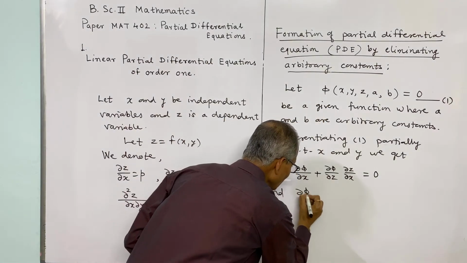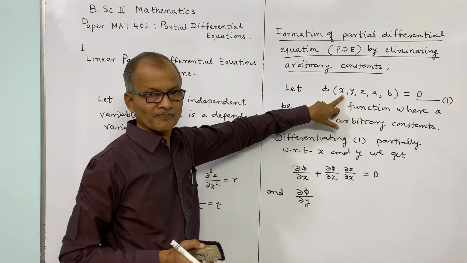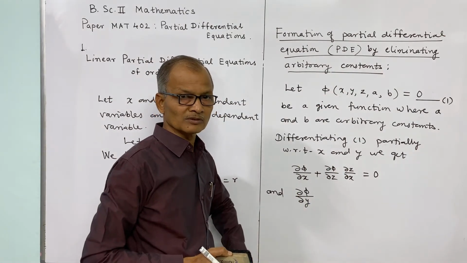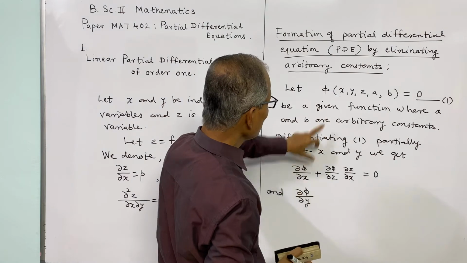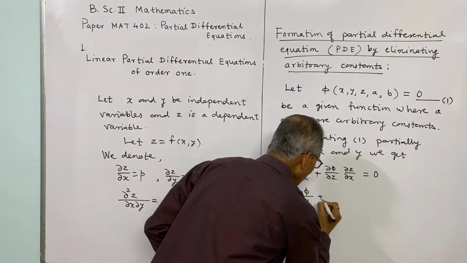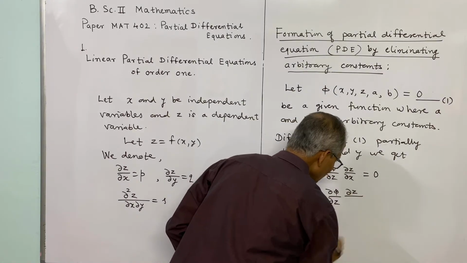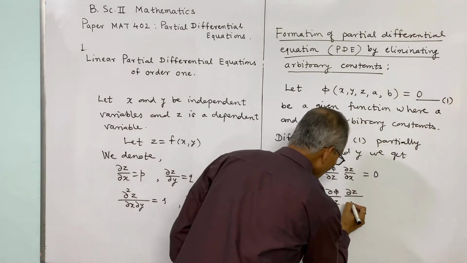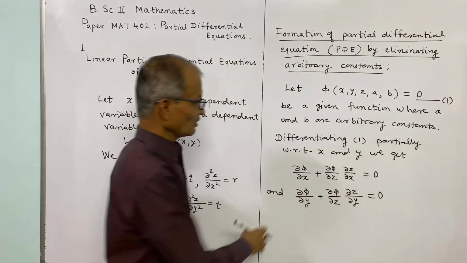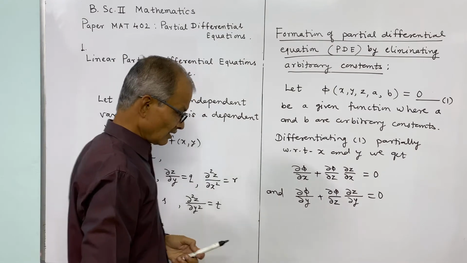First the partial derivative of phi with respect to y, because x is now to be treated as constant, so its derivative with respect to y will be 0. Therefore we get the derivative of phi with respect to y, plus the derivative of phi with respect to z into the partial derivative of z with respect to y, equal to 0. So these two derivatives we obtain by differentiating 1 partially with respect to x and y.